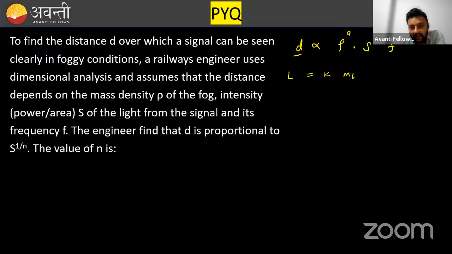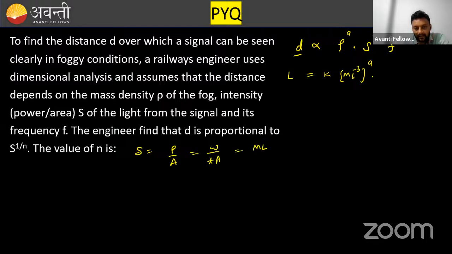Rho is ML minus 3 power A. What is the dimension of S, you are getting 5, Rohit? Okay. They are saying power per unit area. Hariom is getting 3. Okay. So dimension of S, power is work done per unit time, per unit area.